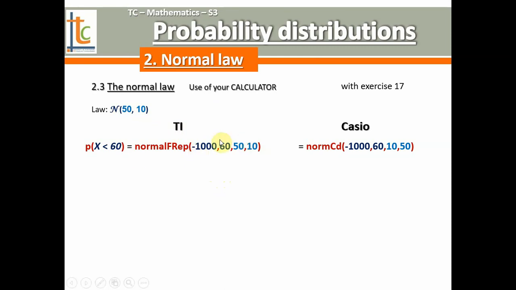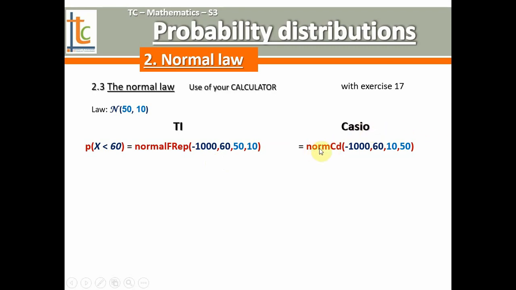It's far enough for us. So you have to put your interval in the function and then put the parameters of the law. And in the Texas, it will work and give you the correct result. That was, I guess, 0.8413. That was your result, approximately 84%.